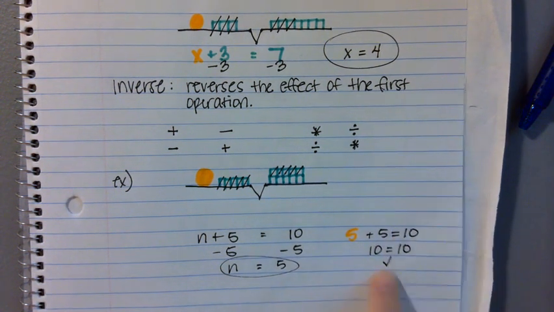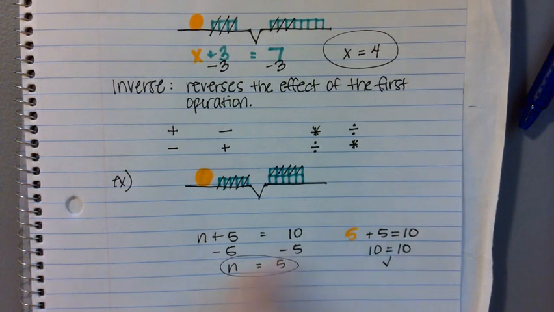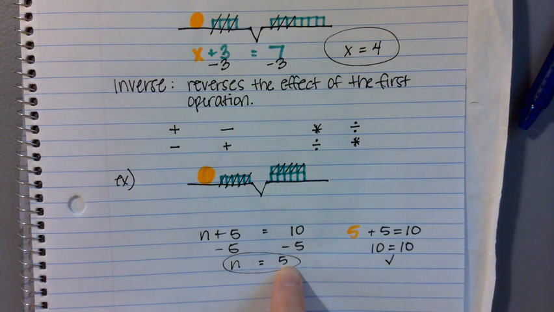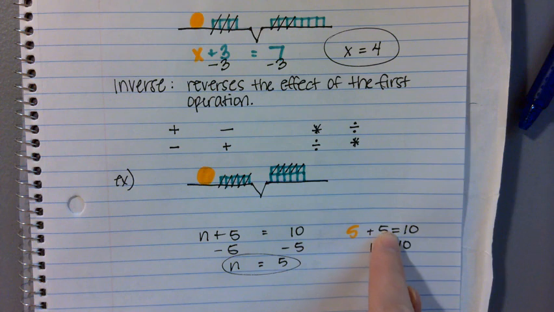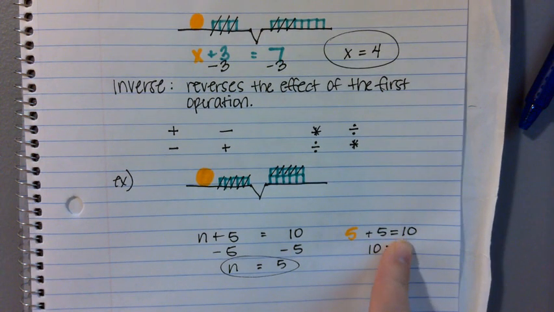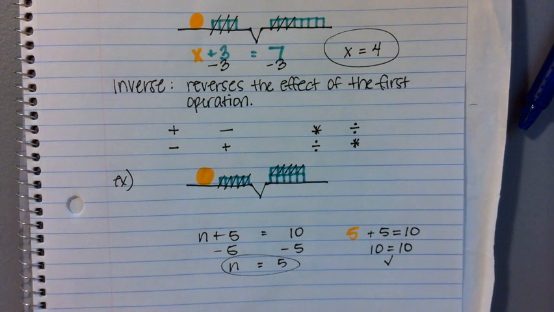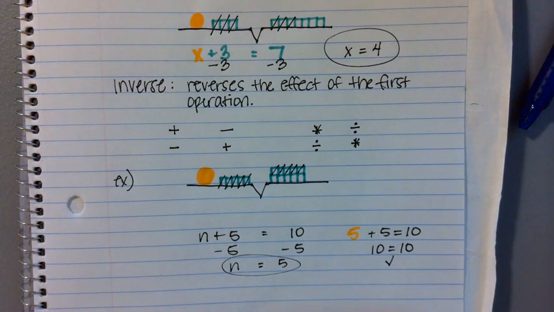Yes, that checks out, so those are balanced. If I had gotten a number such as 17, if I plugged 17 in plus 5, that doesn't get me 10. So that right away tells me, oh, wait a minute, I need to go back and recheck my math. That's a really cool thing about algebra.